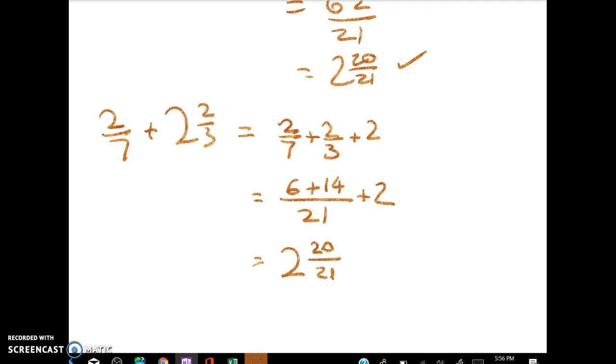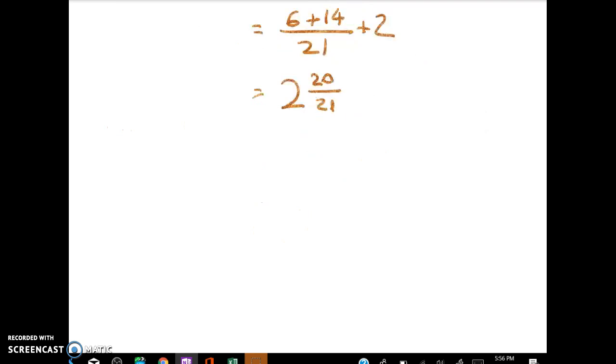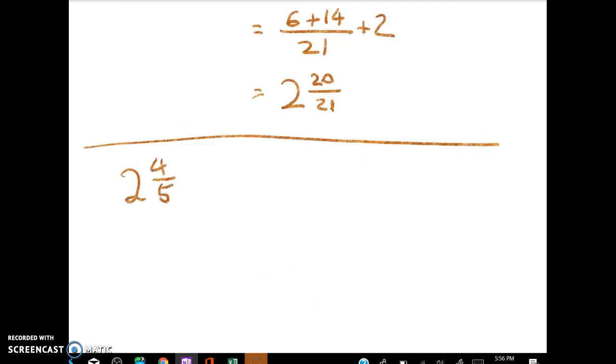Then we've got the next one, which is multiplication. So in this case, we're going to come badly unstuck if we forget to split it up. So 2 and 4/5 times 3 and 1/7 gives me 14 over 5 times 22 over 7. Right, now I'm going to clean this up within the fractions.